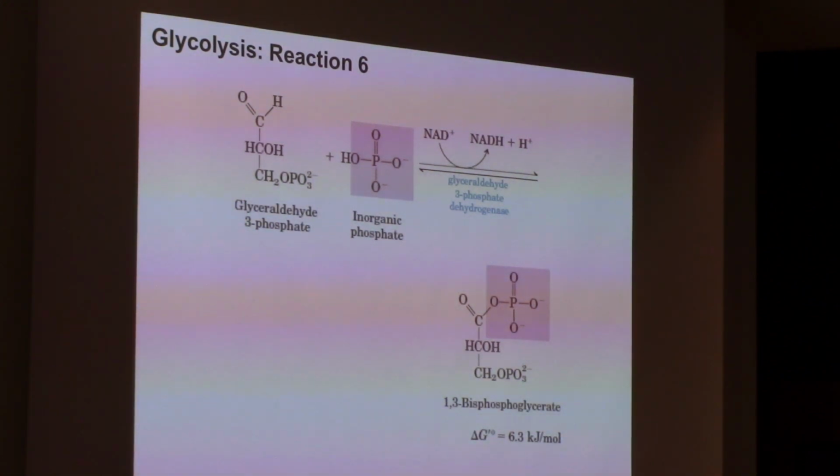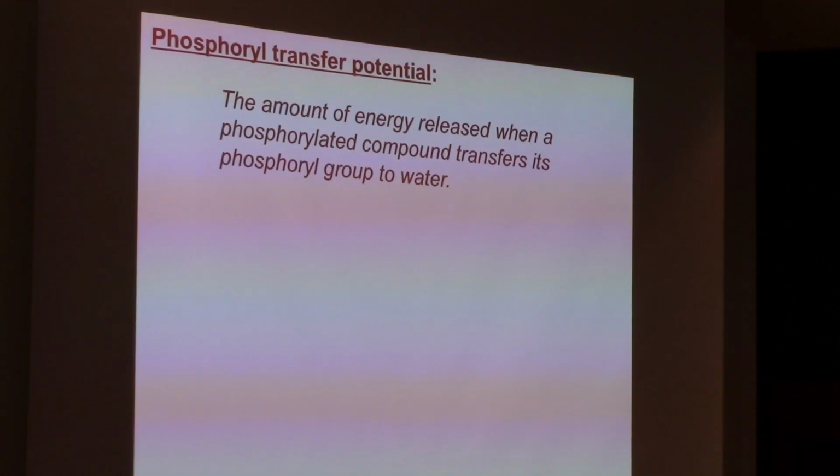And when we talk about glycolysis, one of the terms that I've used throughout the semester, and that you've heard me say a couple times but I haven't really distinctly defined, is a term called phosphoryl transfer potential. Now, phosphoryl transfer potential gets used extensively in glycolysis, less so in the TCA cycle.